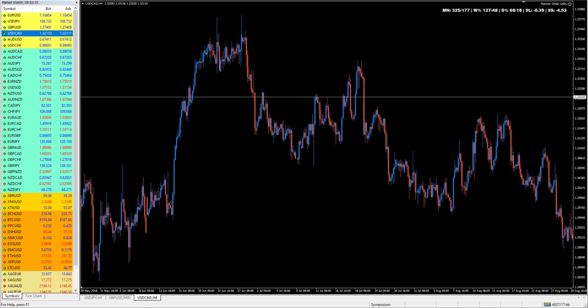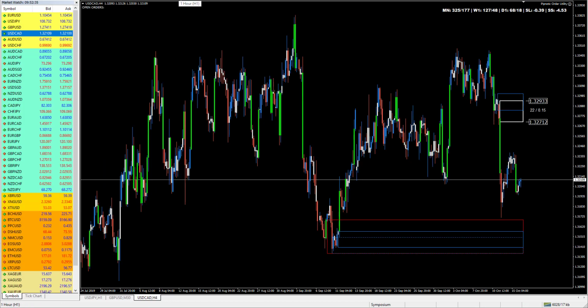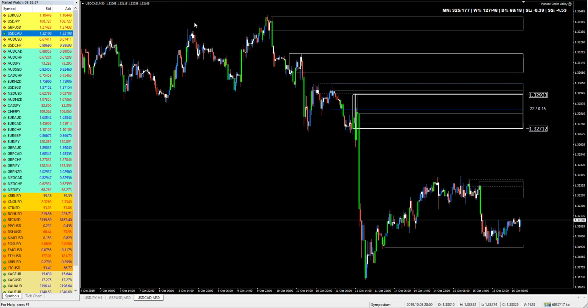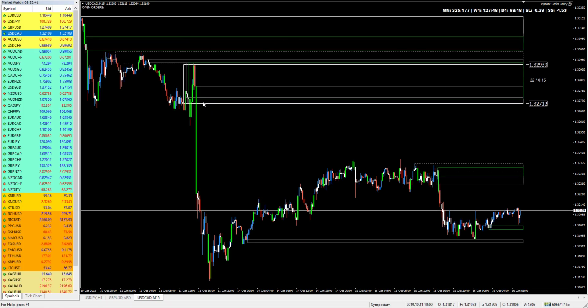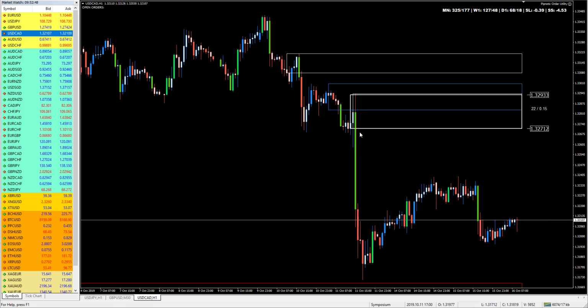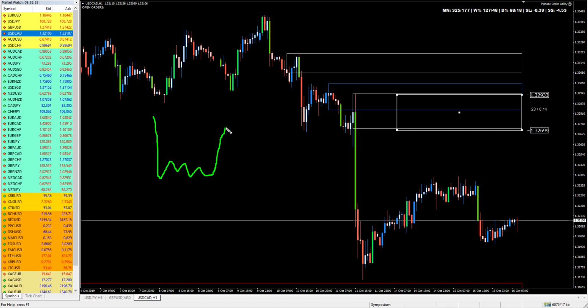Okay, that's fine. Let's have a look where we are on the smaller time frames. I just want to see a really clear pattern. I'd be fine with this, I think. Let's just not overcomplicate it. Let's leave it on the hourly. This one is not within the range of the previous, so we have price doing something like this, where it comes down, moves sideways, goes up, moves sideways, and then leaves.